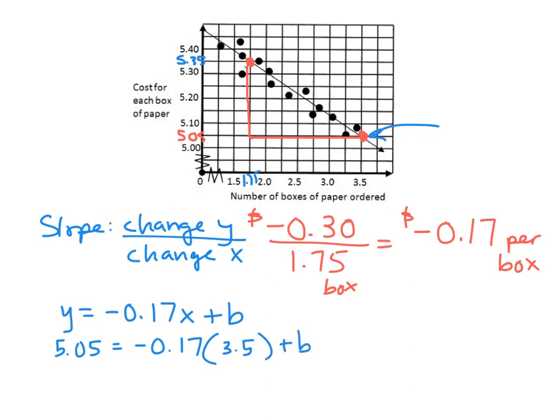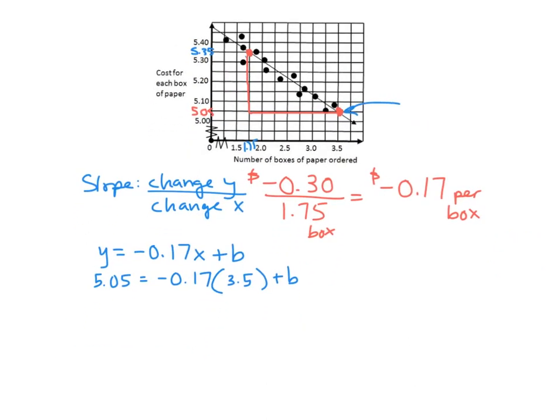And I'm going to solve to find my y-intercept, just like we did last week in those practice problems. It just happens that these numbers are a little bit messier. So we're going to do negative 0.17 times 3.5, and we get negative 0.595.